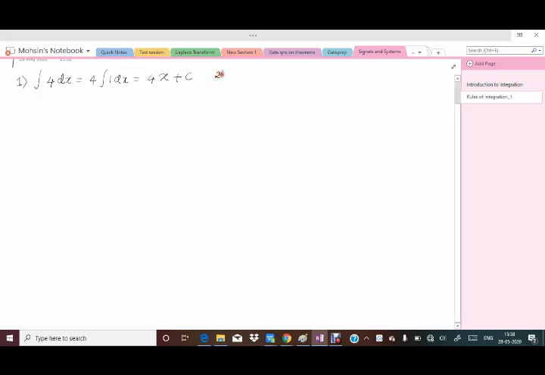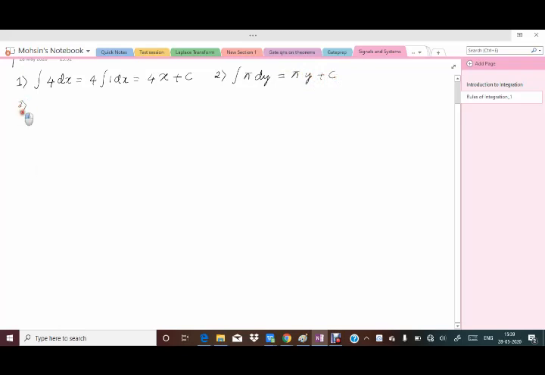Similarly, for the second example, I take another constant, pi, and I evaluate the integration with respect to dy. Again pi is a constant, so it will come outside, and the integration of 1 with respect to y, dy, is y, plus c.